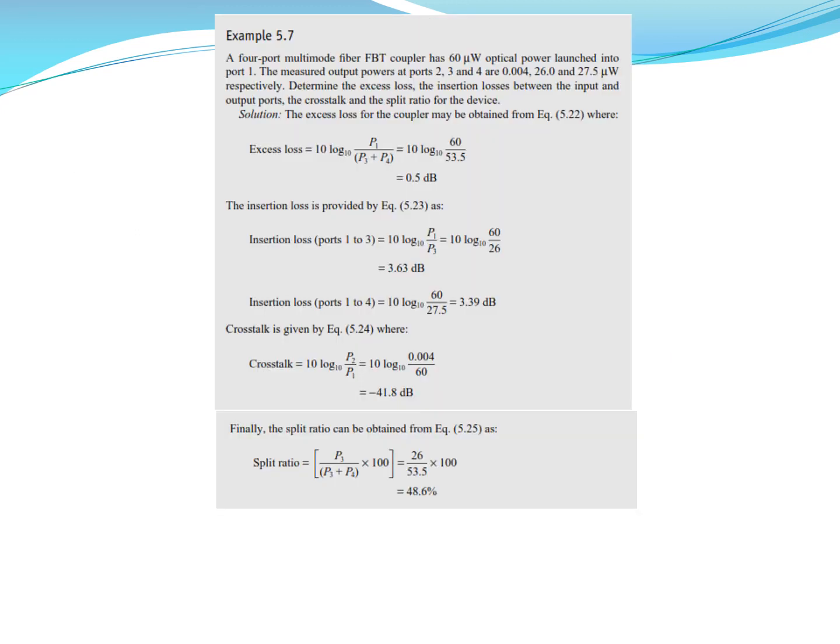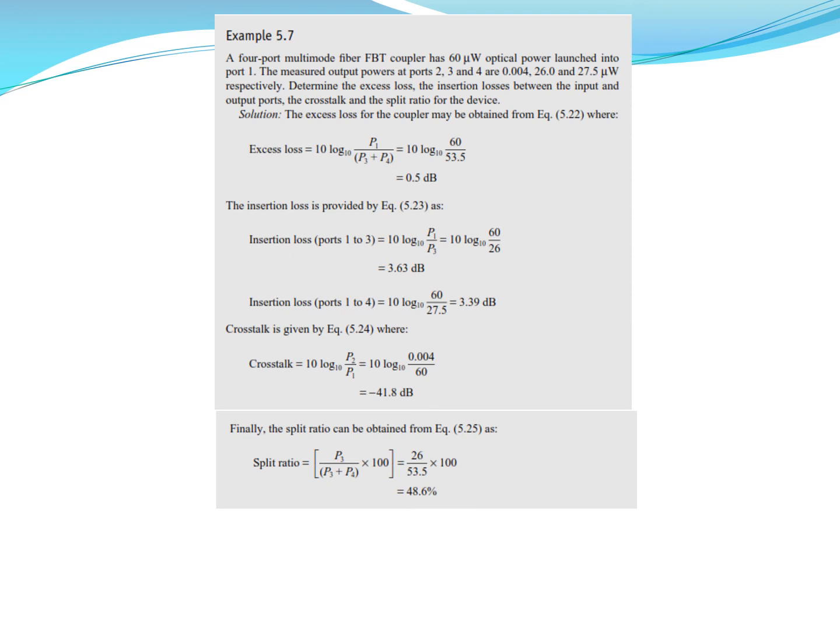So one example, if I consider a 4-port multimode fiber FBT coupler has 60 microwatt optical power launched into port 1. Launched in the sense it is input power. So input is through port 1 and it is given as 60 microwatt.